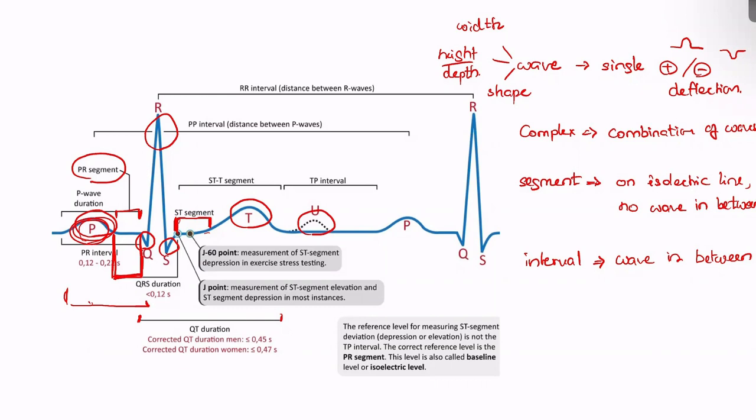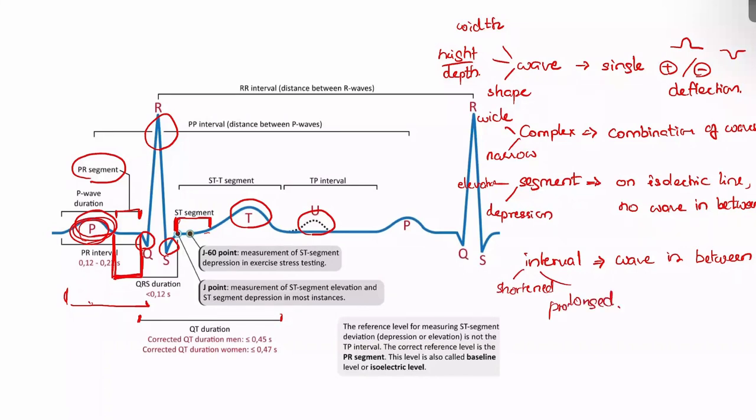Okay, for the complex, the abnormality might be wide complex or narrow complex, like VT and SVT. And for the segment, it is elevation, like ST elevation in MI, and depression in ischemia. For the interval, we usually see shortened intervals, like short QT, or prolonged intervals, like long QT syndrome.